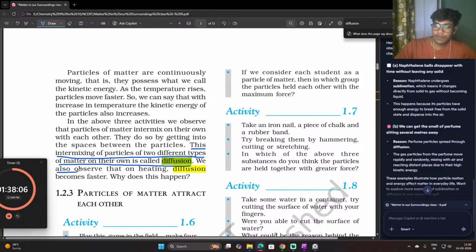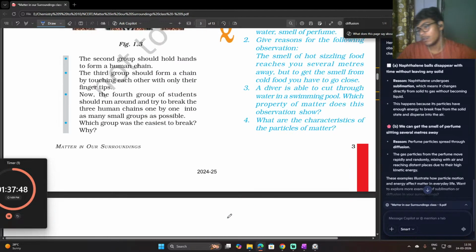We also observe that on heating, diffusion becomes faster. Why does this happen? The intermixing of particles of two different types of matter on their own is called diffusion.